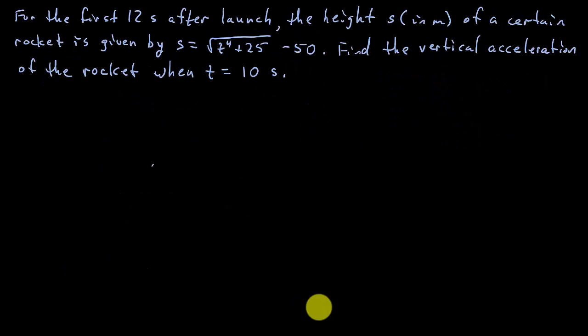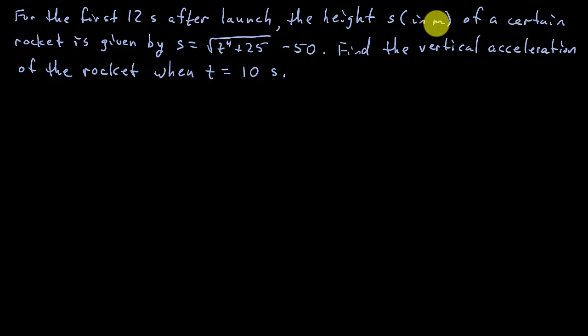All right, so let's take a look at this. It says for the first 12 seconds after launch, the height s, which is our displacement function, in meters of a certain rocket is given by s equals the square root of t to the fourth plus 25, minus 50.